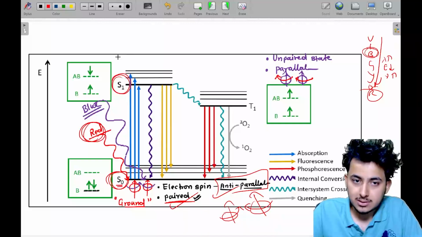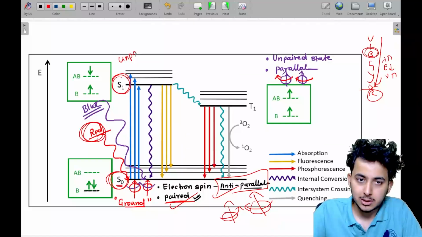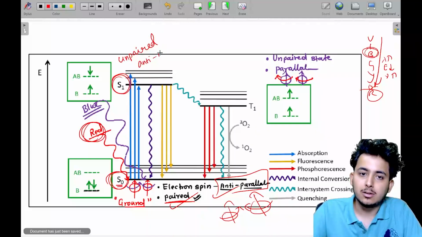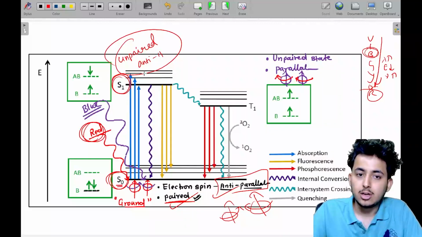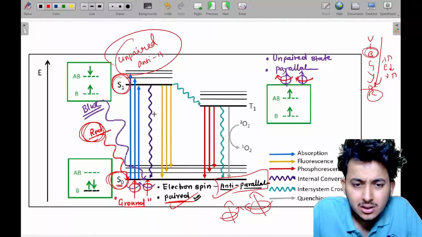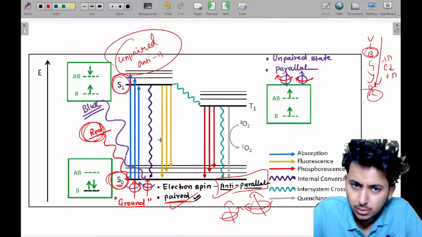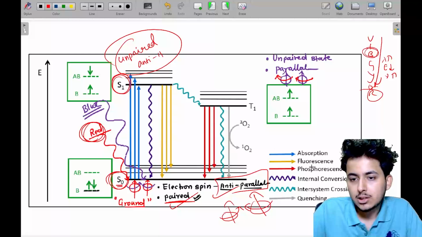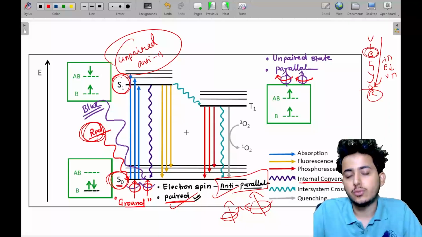Here the electrons are unpaired, and still they are anti-parallel. This state is called the S1 state, and electrons then return back to the ground state from the S1 state, and this process leads to loss of energy.